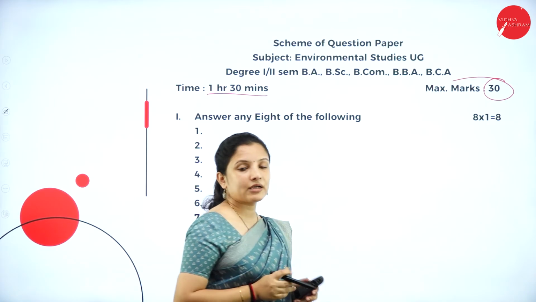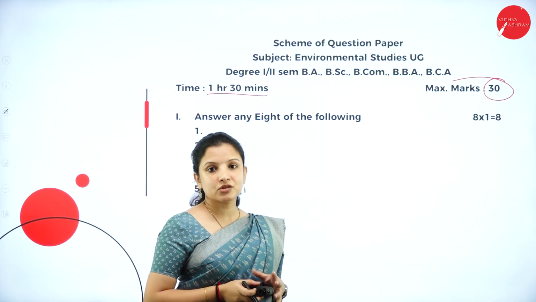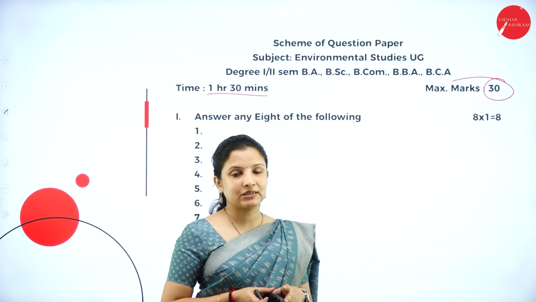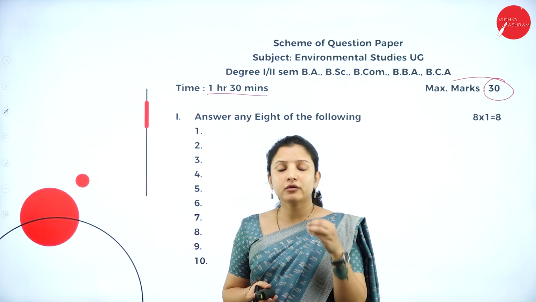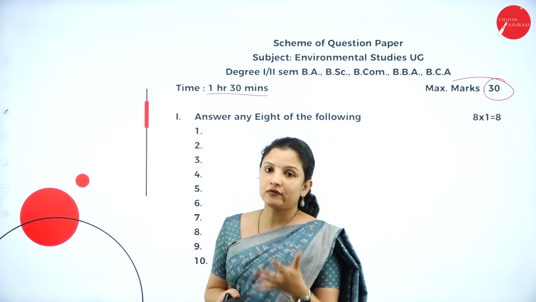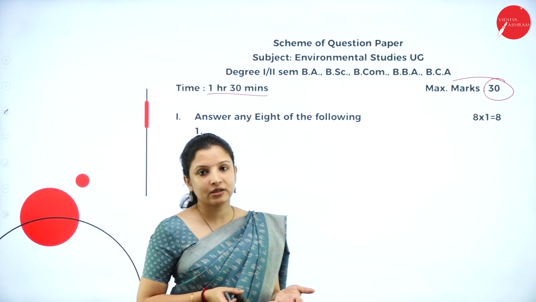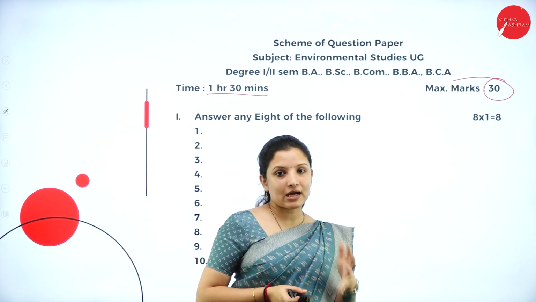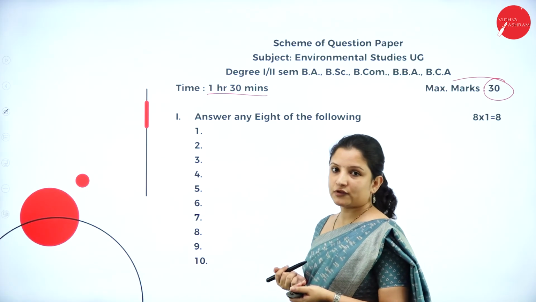They usually ask straightforward, simple questions. If you attend classes and listen to the lectures, you can write your own answers. So it is very easy to score, and moreover it's just for 30 marks.